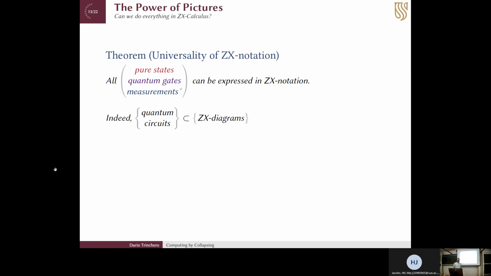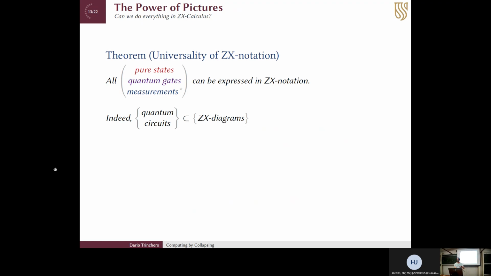Okay. So the next thing that we might want to ask is, how powerful is this stuff? What can we do in it? And it turns out it's very powerful. Every quantum state, every quantum gate, well, pure state, and every projective measurement can be expressed in this notation. In fact, this notation is a strict superset of the usual circuit notation that some of you might know. Usually we write quantum algorithms as circuit diagrams, and this is a complete superset of that.